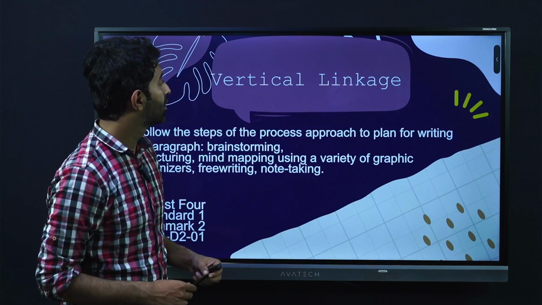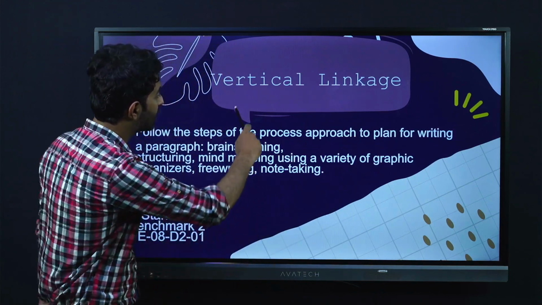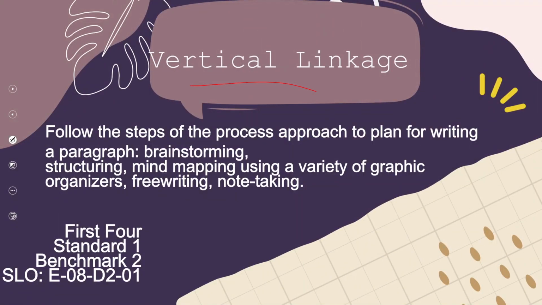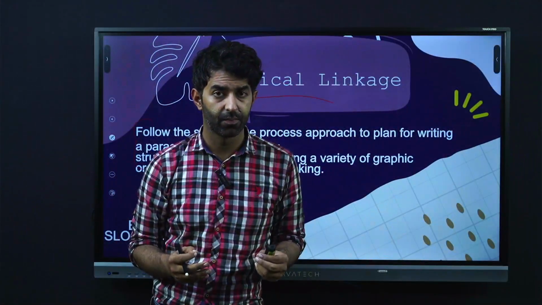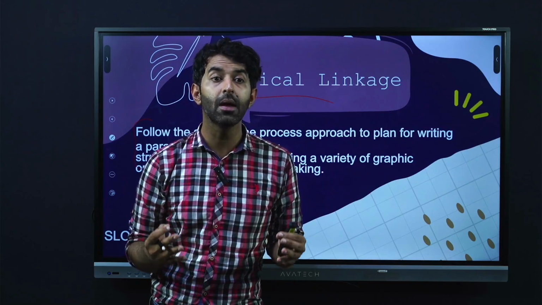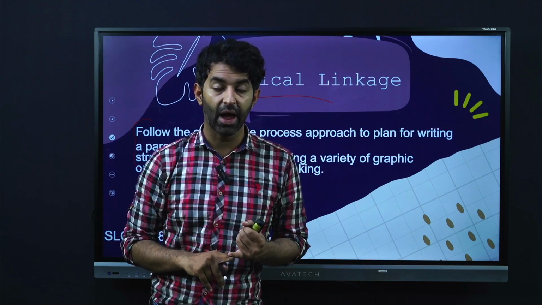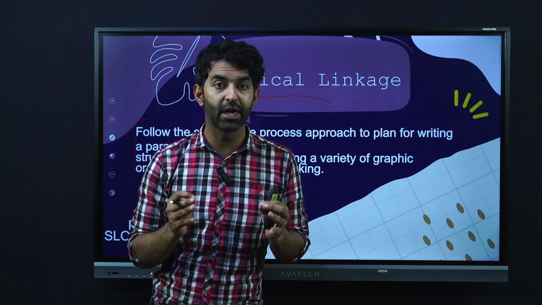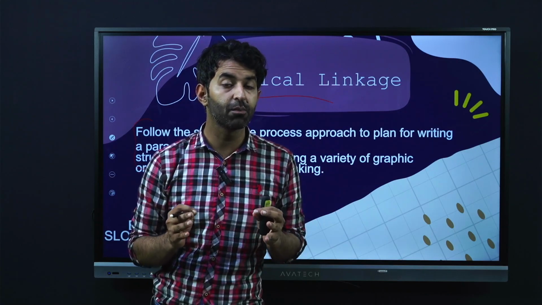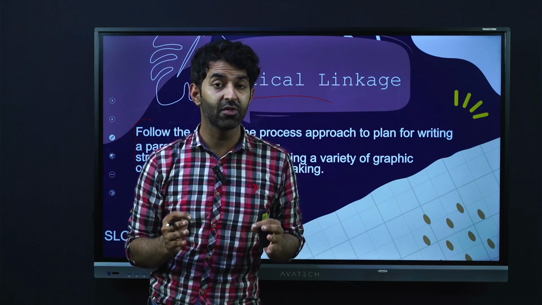All right. As you can see over here, this is a vertical linkage. It links this student's learning outcome with the previous grade where we talked about the process approach of writing. Yes, writing has a process. It has three major steps. The first is pre-writing: before you begin your writing, it is very important to prepare the necessary things.